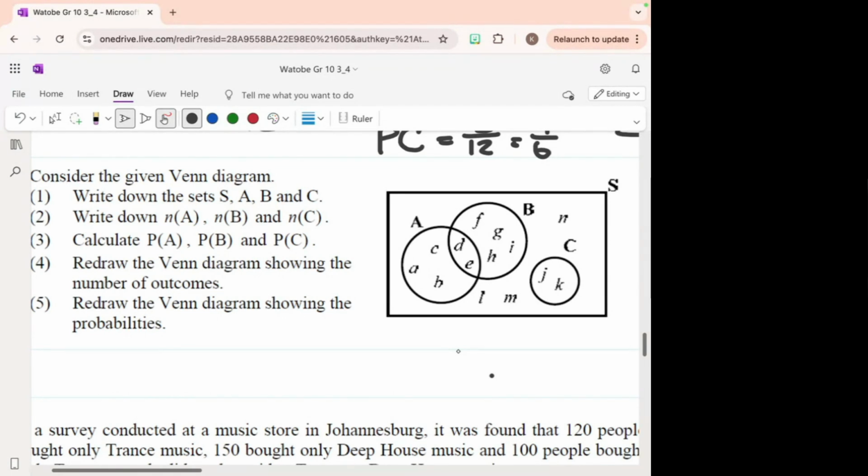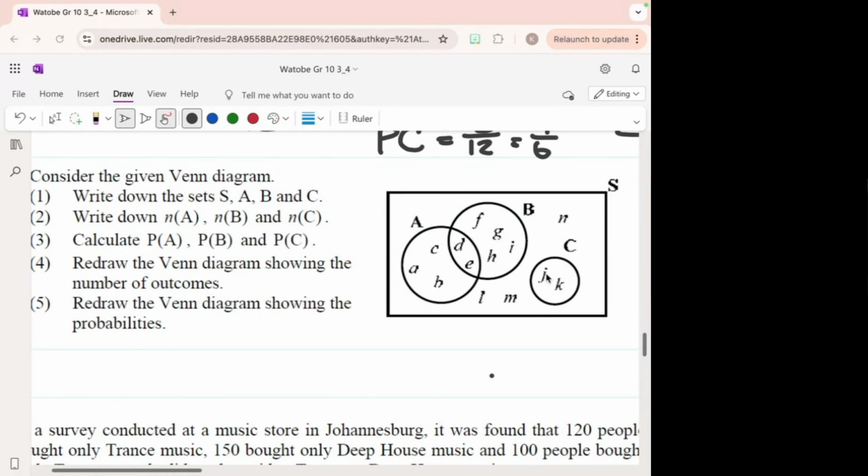So the total sample size of everything that we are doing here. Okay, so S, perfect. It says, consider the following Venn diagram.